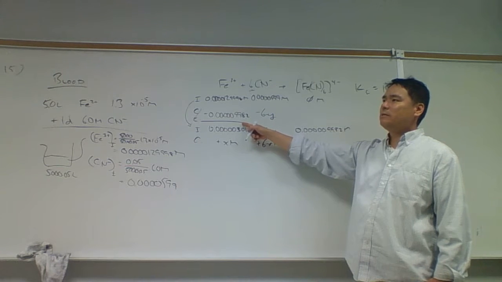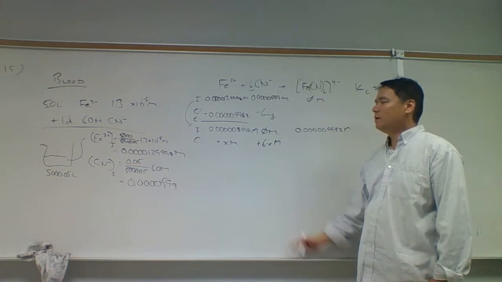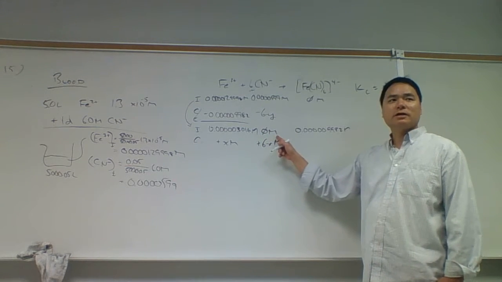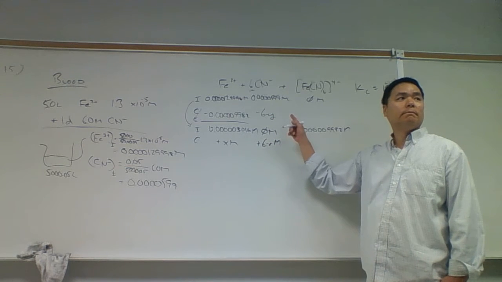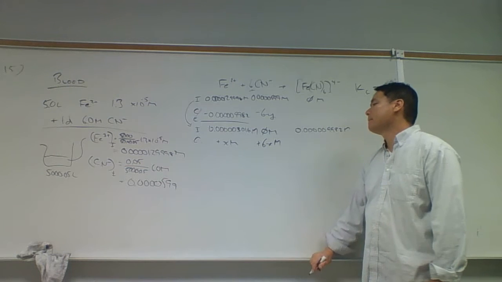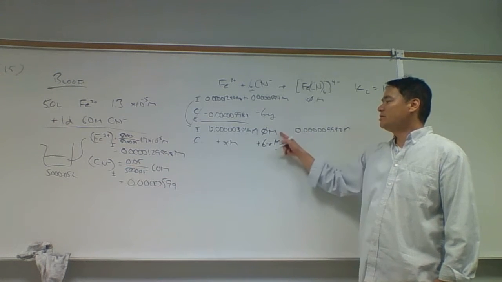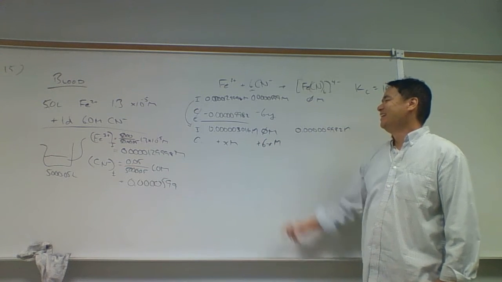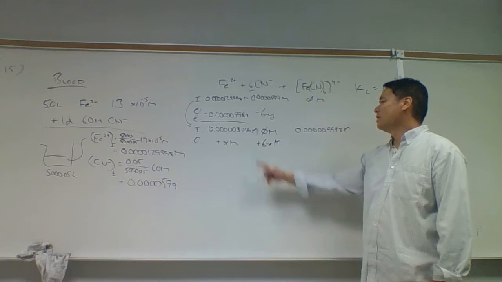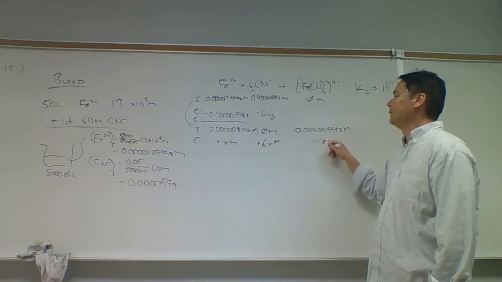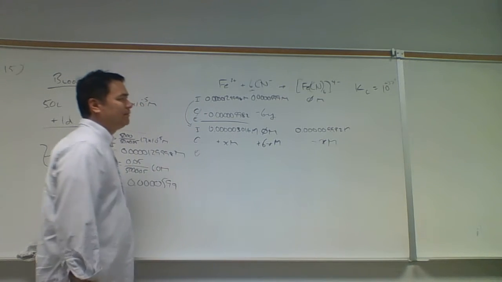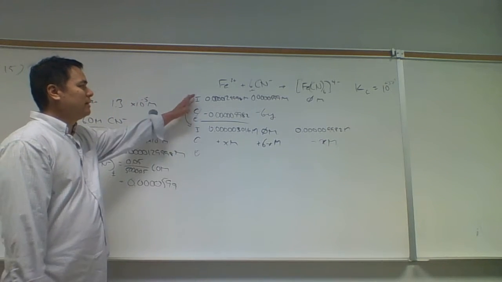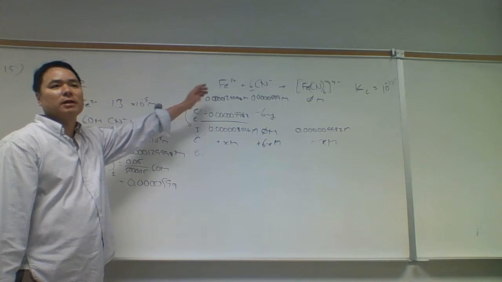They did iron as the limiting reagent, which is weird because they would have gotten a negative molarity for cyanide, but they did everything 1 to 1 to 1. And then there were people who did this right and then screwed it up here by doing plus X and minus X. And then a small percentage had no idea where to start this problem and just left it blank.